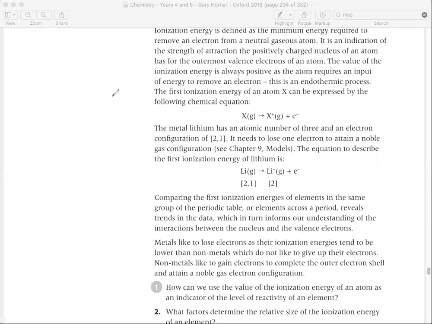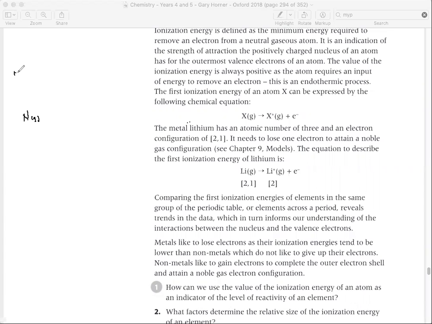First ionization for the nitrogen. Yes, who will say? What is the nitrogen configuration? Anyone?